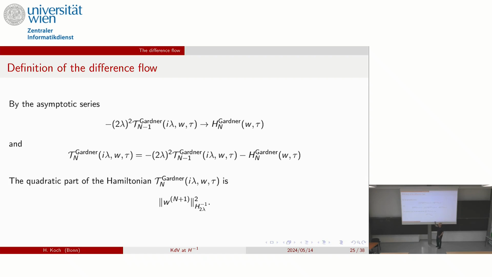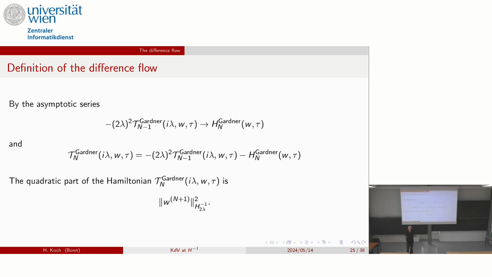What is the effect of that? The effect is, if you look at frequencies larger than 2 lambda, then you have the full nth order derivative. But below that, you're going to lose a factor 2 lambda to the minus 1. So this is good concerning the high frequencies, but not so good concerning low frequencies.